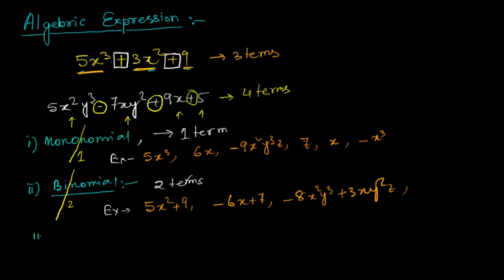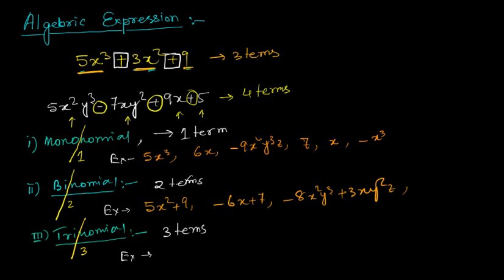Then we have mono, bi, then tri, so trinomial. What is called a trinomial? Remember the word tri means three. That means it must have three terms.